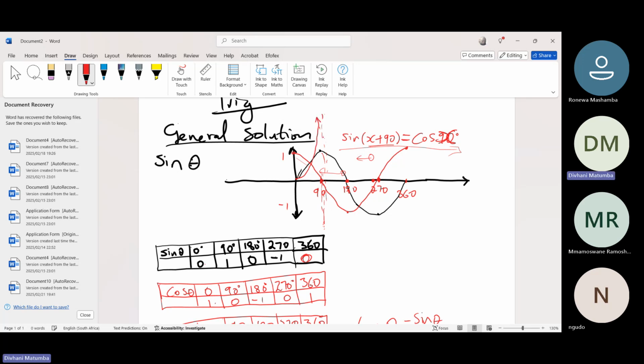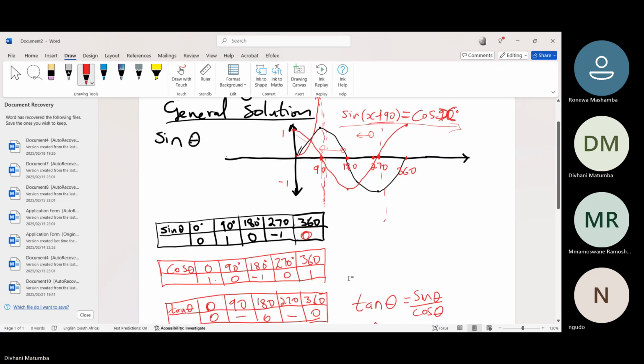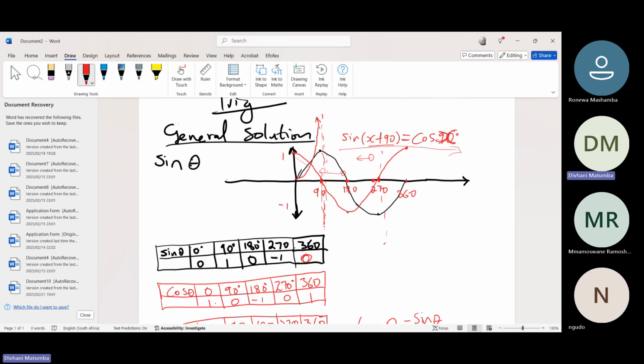It will have something that we call an asymptote. Do you guys know what an asymptote is? Yes. Okay. So a tan graph has an asymptote at 90 degrees and also at 270 degrees. So at 270, we're going to have something like that.